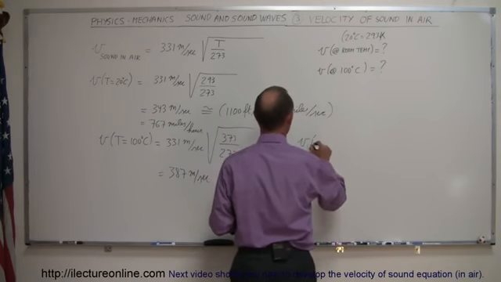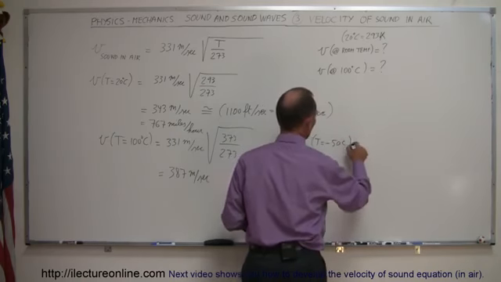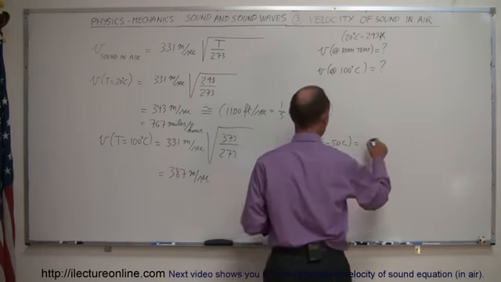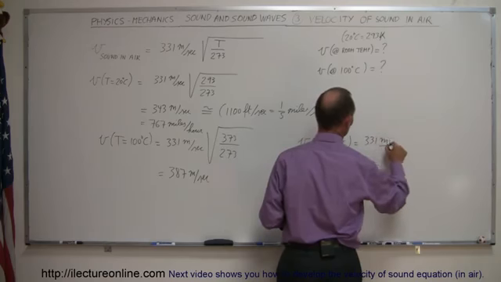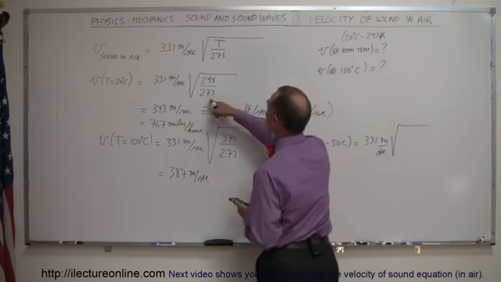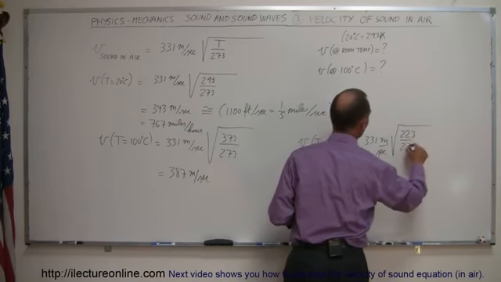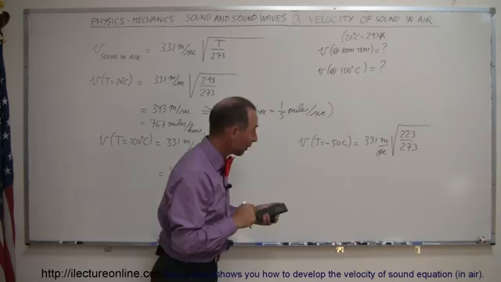So the velocity when the temperature is about minus 50 C, what is that equal to? Well, let's find out. 331 meters per second times the square root of, subtract 50 from 273, we get 223 over 273. And let's find out what that is equal to.